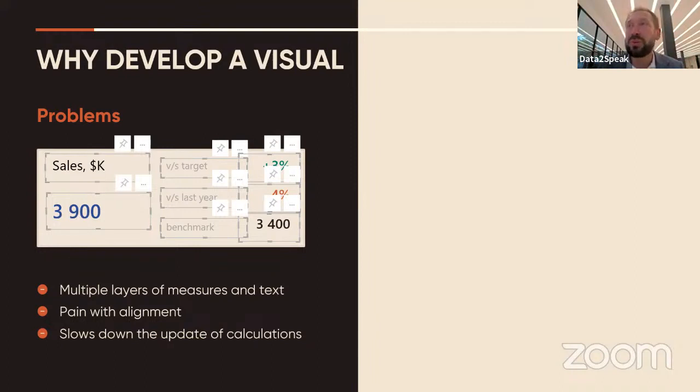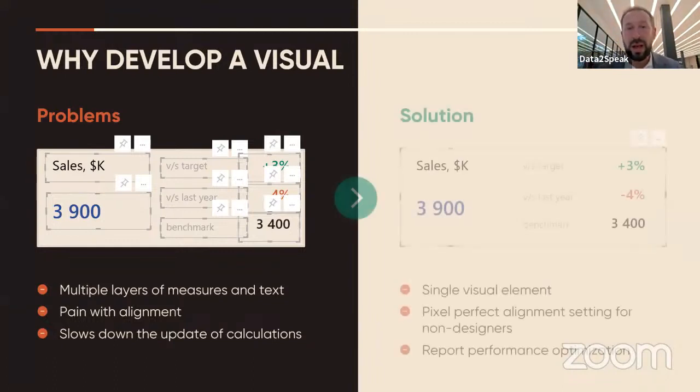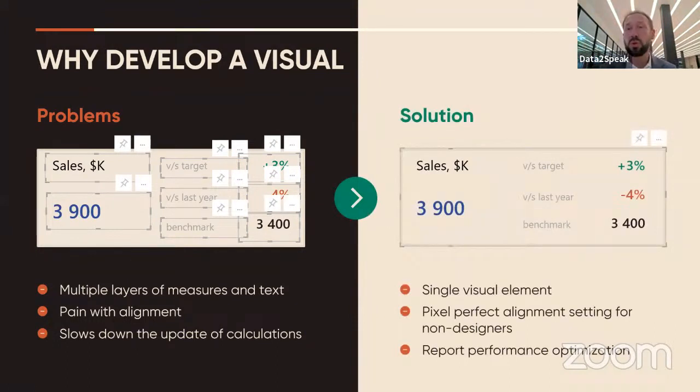And when we have, for example, 5 or 6 such cards, it takes a lot of system resources, so the report works slower, and it takes a lot of your personal resources to modify, to align, to adapt all these visuals. And what's the solution which we developed firstly for ourselves, for our agency, to optimize our development process?